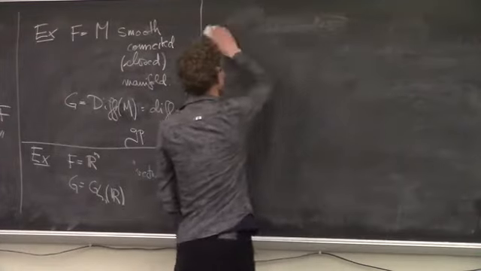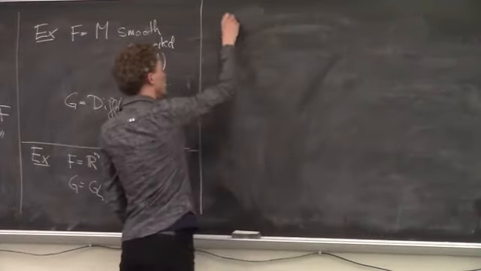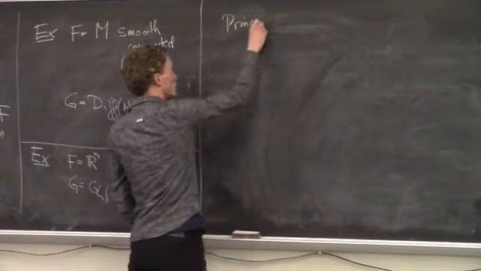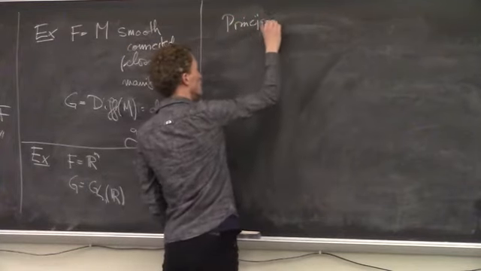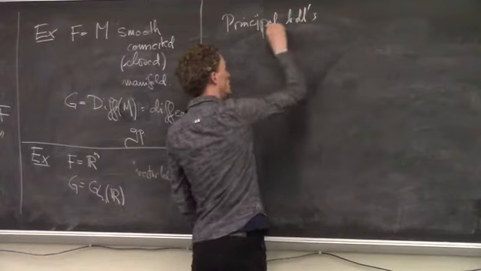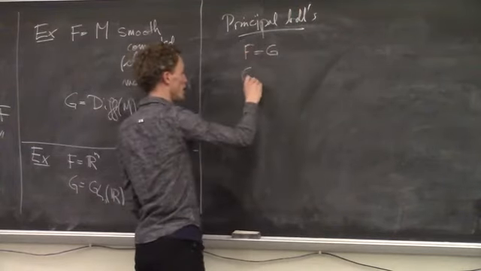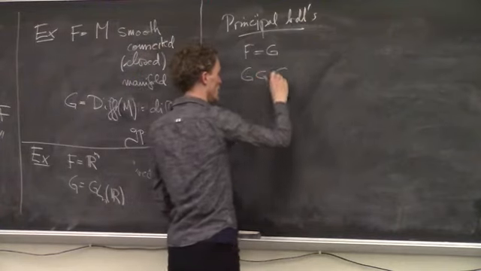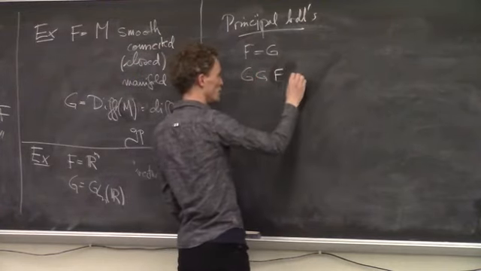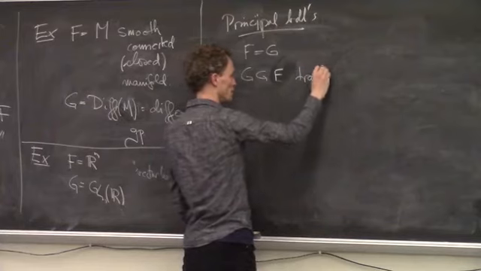Let's say principal. It's a bundle where F is G and the action is multiplication.